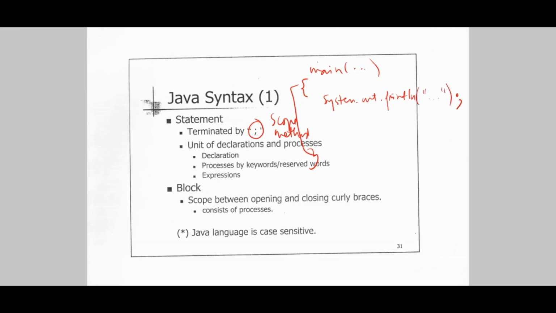You terminate that with a semicolon. Then say we have another statement, y gets x plus a, an assignment statement. This is also terminated by a semicolon. So every executable statement in the code is terminated by a semicolon.